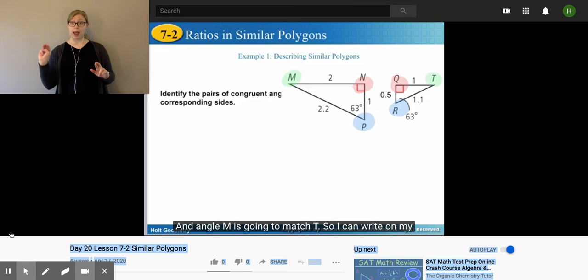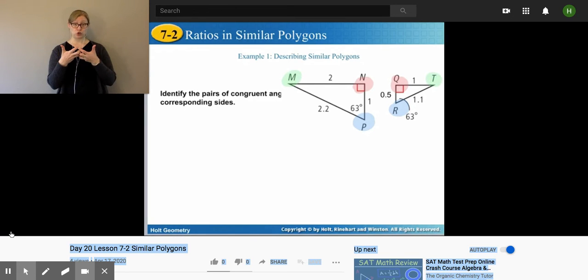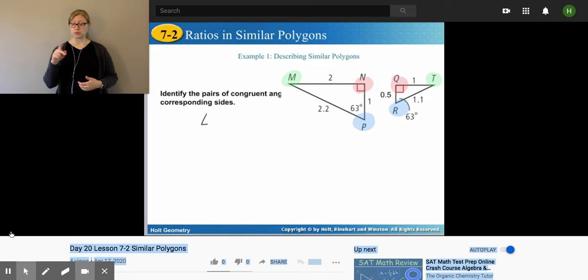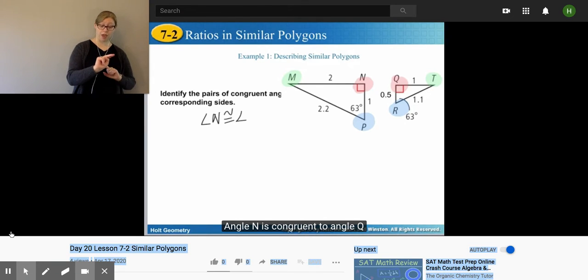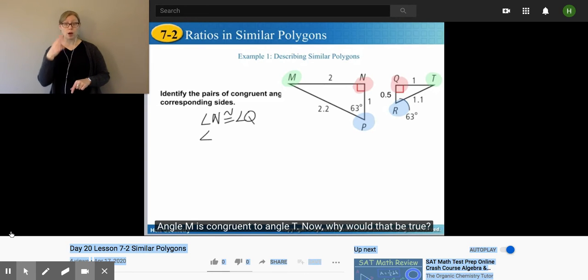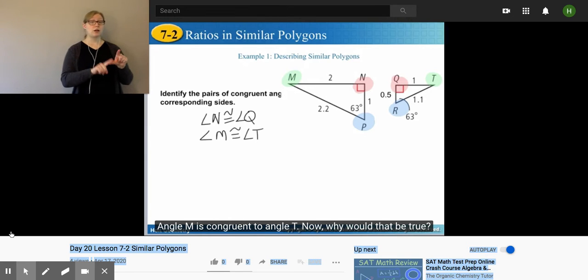So on my corresponding angles, I can say angle N is congruent to angle Q because they're both right angles. Angle M is congruent to angle T. Now, why would that be true?